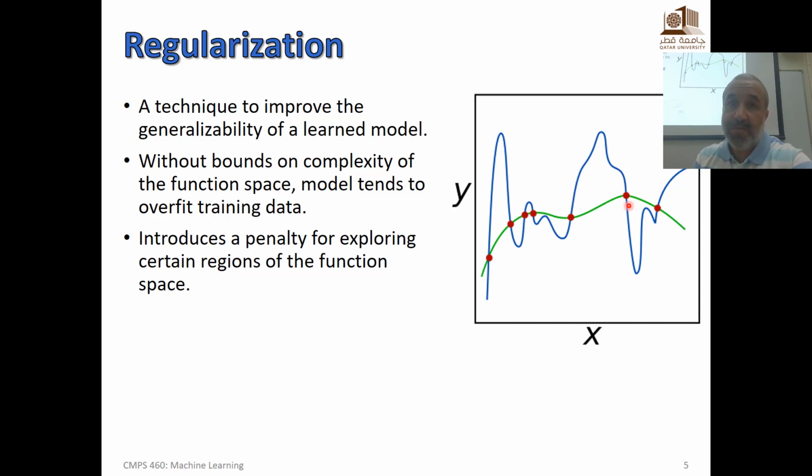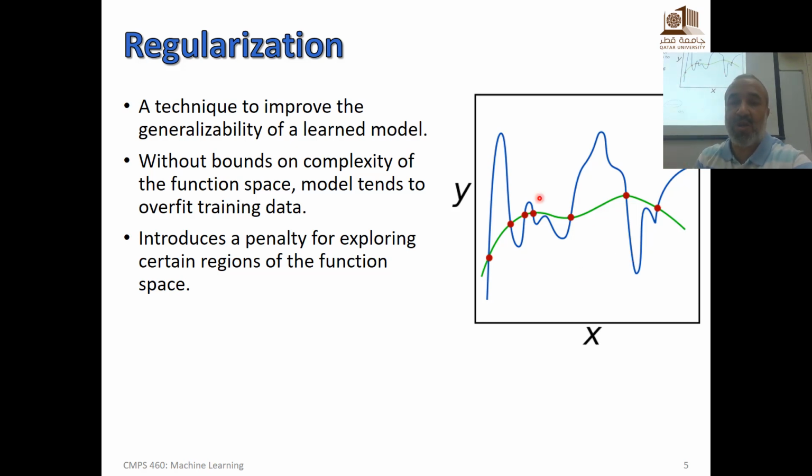The green is simple, okay? And the blue one is complex. Which one you think will generalize better? And which one you think that it's closer to the actual function that generated these points? The green one, right? So it's much simpler. Thus, we can say that simple models will generalize better.